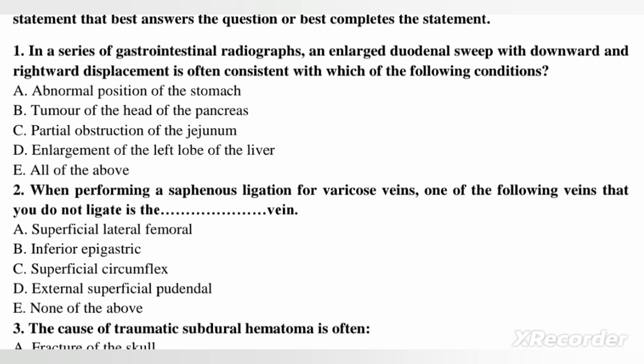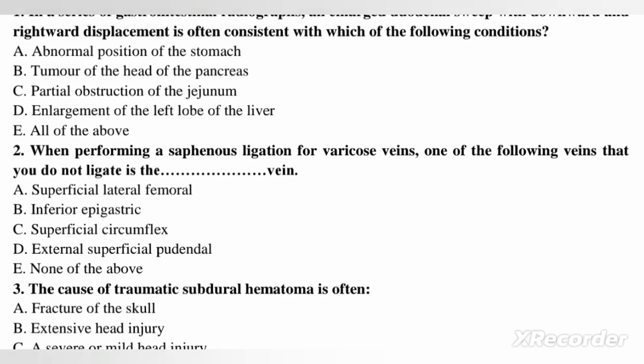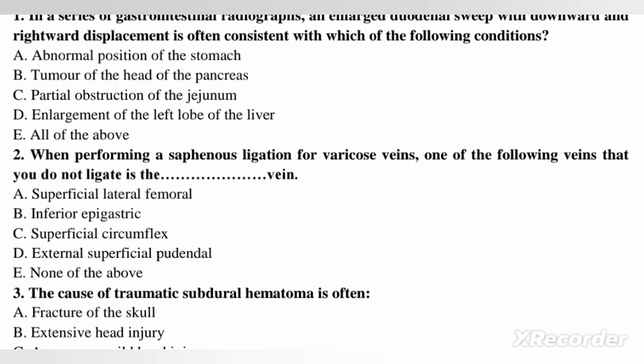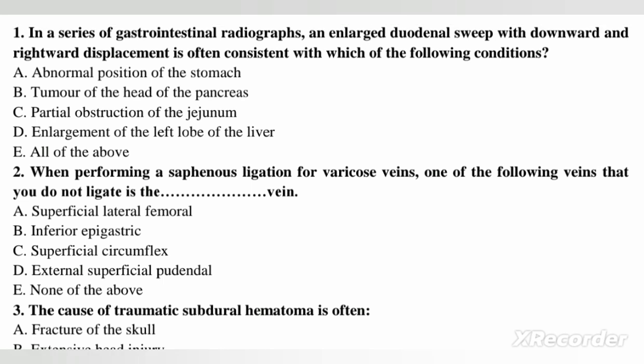Option D talks about enlargement of the left lobe of the liver. This would primarily affect the stomach and proximal duodenum, but would more often shift the duodenum backward or to the left rather than downward and to the right. So the correct answer there is B, tumor of the head of the pancreas.